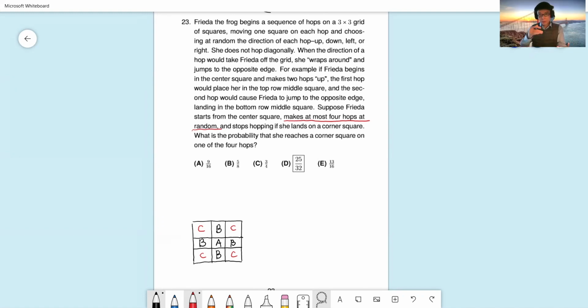Right. Let's check the probability of jumping from one square to another square. Say we have the following probability. If we start from A, it can only jump to B because we only have one neighbor square, the B square. So let me call it jumping from A to B. This probability is 1.